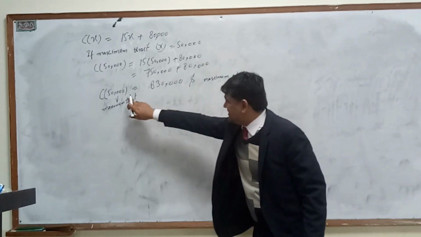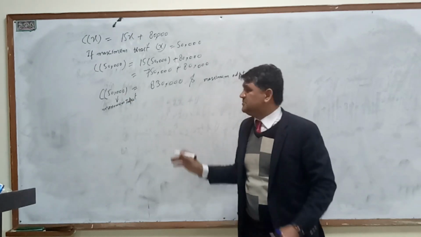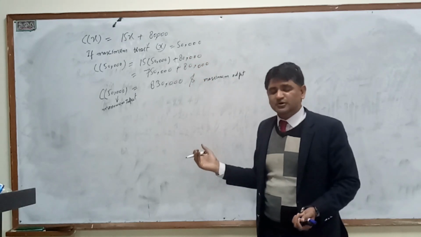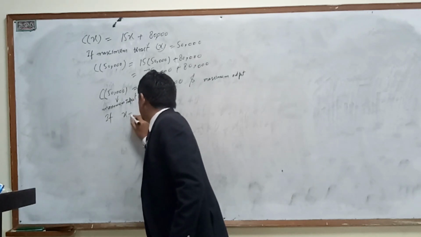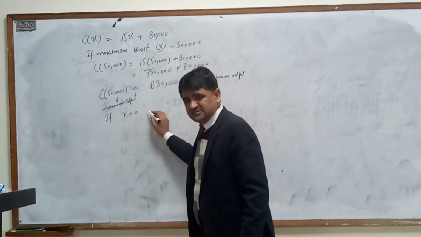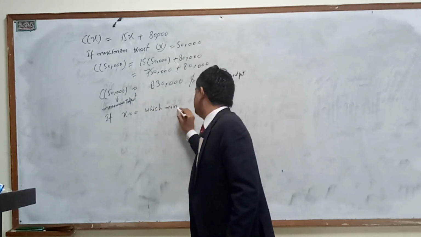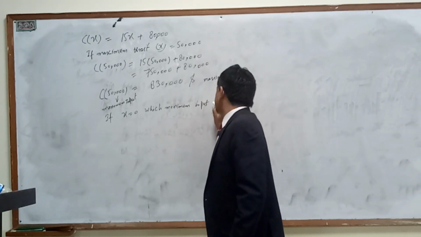Restricted domain, we have calculated one component, but we don't know about the minimum. Any firm can produce minimum units equal to 0. If x is equal to 0, we can name it minimum input.